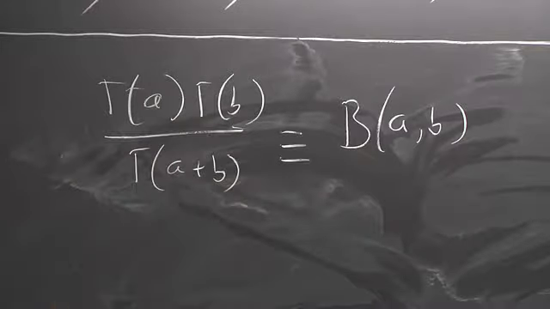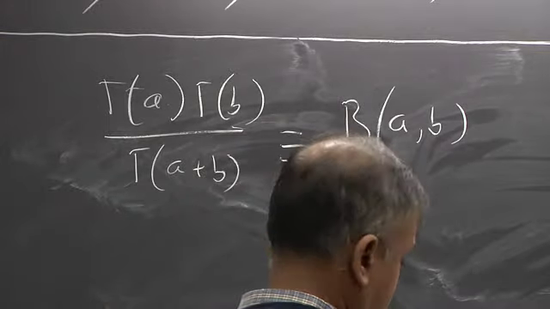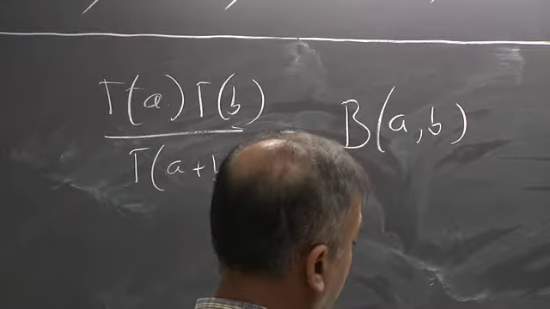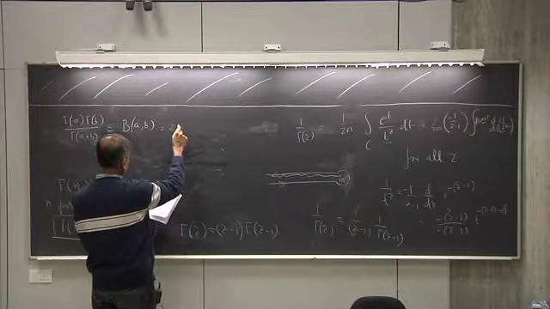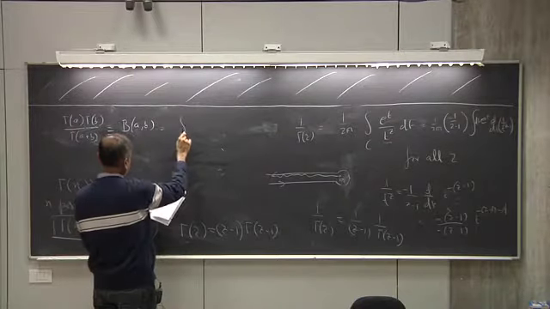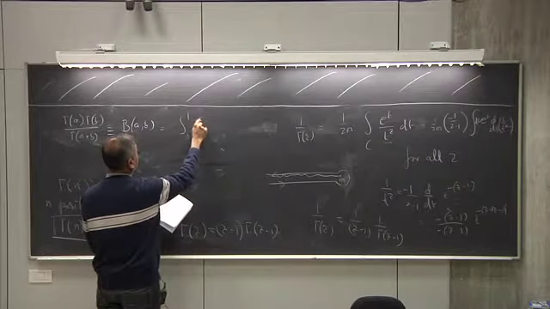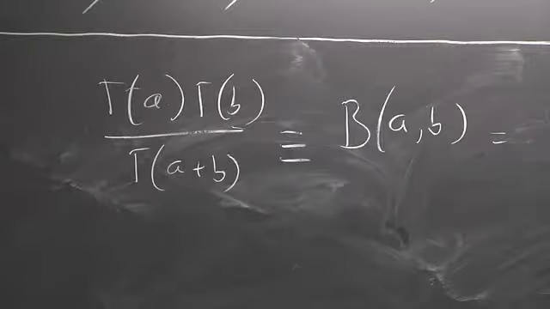These A and B are complex numbers in general, right? But the point is that this itself is given in several ways. One way to write it is as 2 times the integral from 0 to 1 of t to the power of a minus 1, 1 minus t to the power of b minus 1 dt, right?